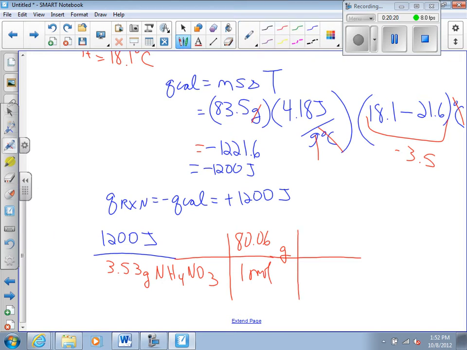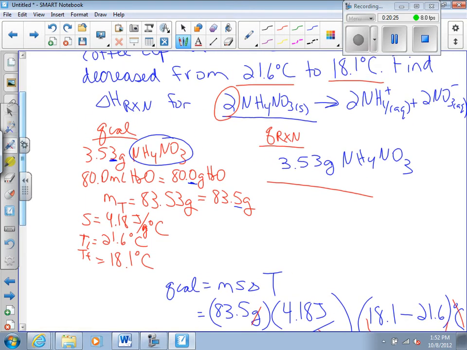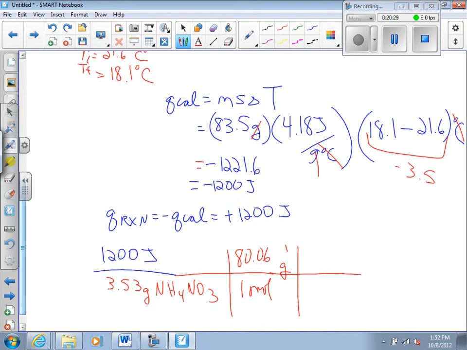And now we have to look at the reaction coefficient. I have 2 moles of ammonium nitrate, and this is NH4NO3. It's my ammonium nitrate. I have 2 moles of ammonium nitrate. Why am I putting this in the numerator and not the denominator? Hopefully you're looking at your units and you're seeing this.